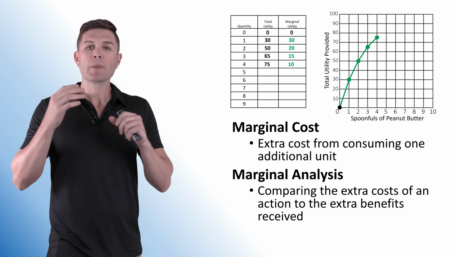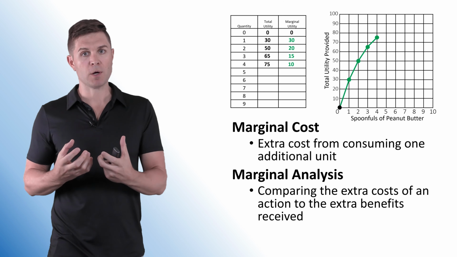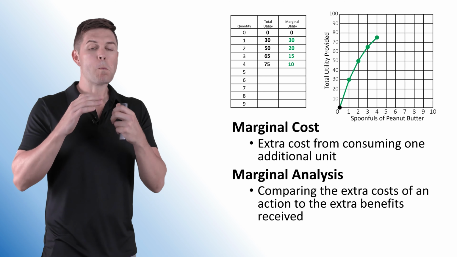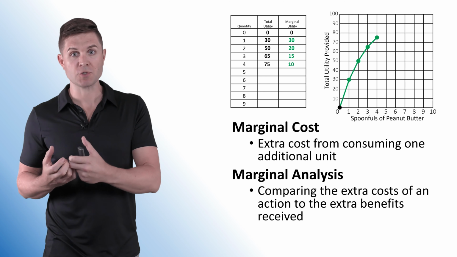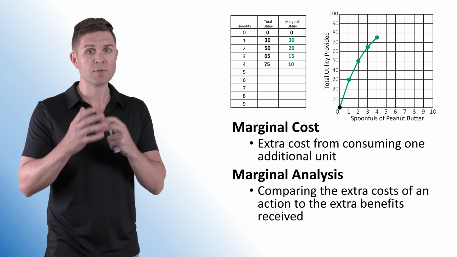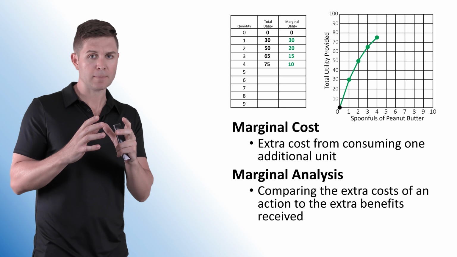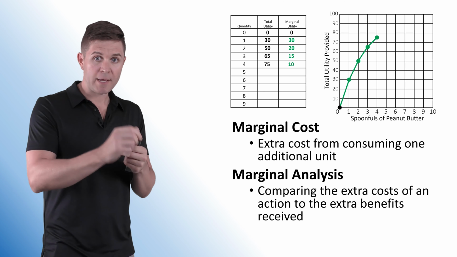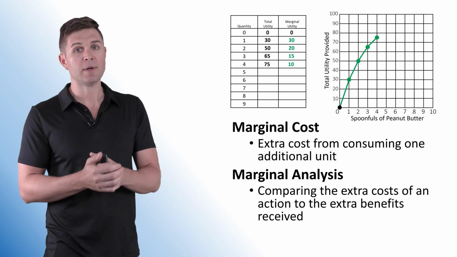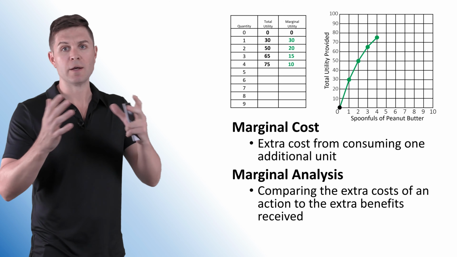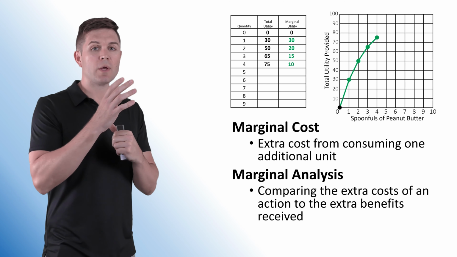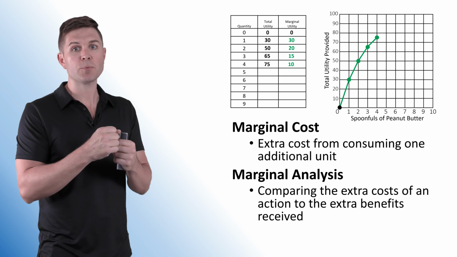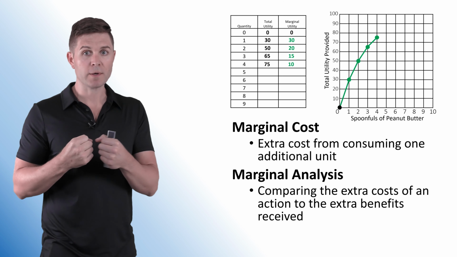All right. Now, we do need to bring in marginal cost. Every time we make a decision, there is going to be a cost. We haven't quite covered opportunity cost yet, but whether or not I'm paying for each unit that I'm using, like imagine going to Taco Bell and looking at the dollar menu or the value menu. Every $1 burrito that you buy, you have to pay $1 for it.